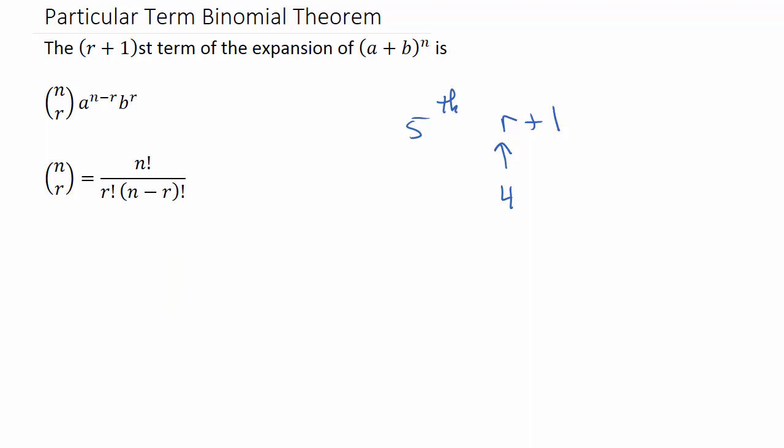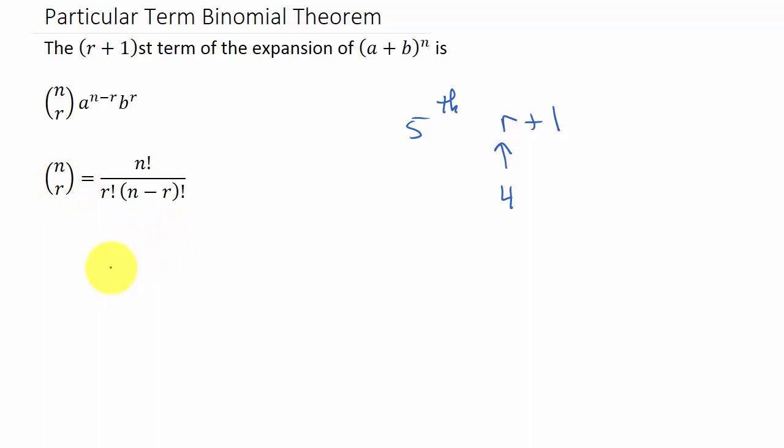Now this combination n choose r. Here's the formula. Combination n choose r is equal to n factorial over r factorial times n minus r factorial. Let me just explain what factorial is, and I'll do the calculation of the combination when I'm working the problem.